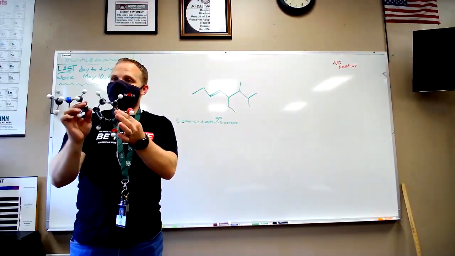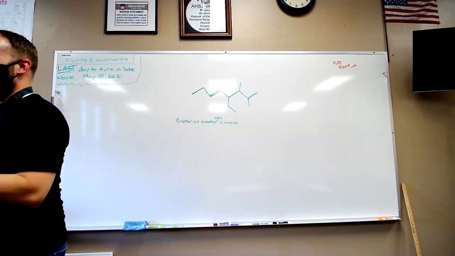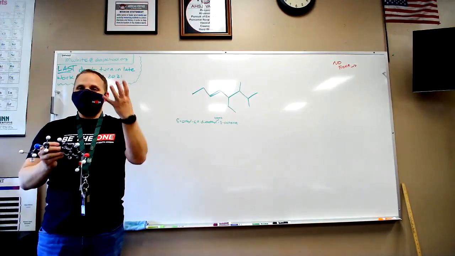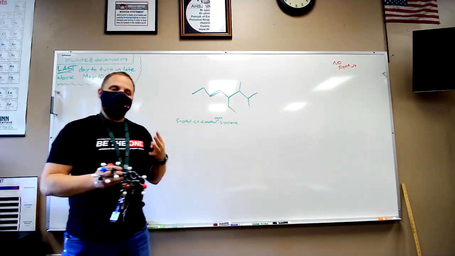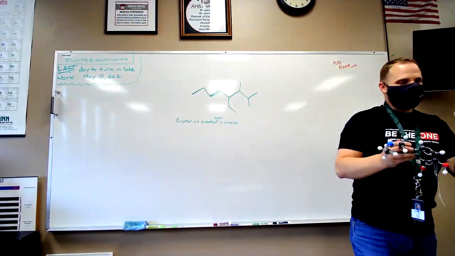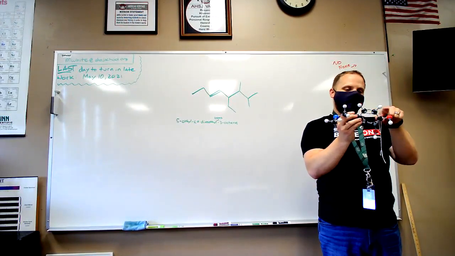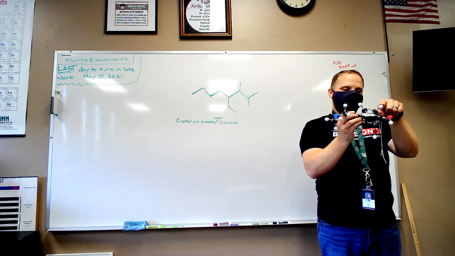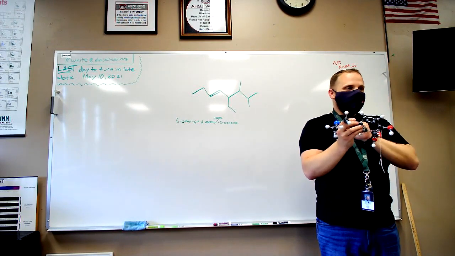Now, how do you know? Well, number one, it has to be attached to 4 different things. So if you're ever looking for a chiral carbon, anything that's not attached to 4 different things is not chiral. So this one right here, it's attached to this carbon and that hydrogen. It's got that double bond, so we know that can't be chiral.